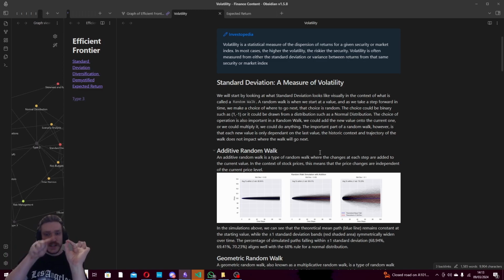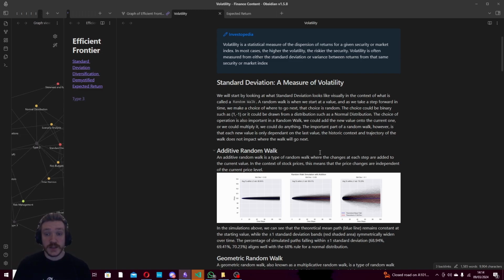Now, each time we take a step in time, we're going to do something to the start value to get our next value. We're either going to add a number or multiply by a number, and we'll just repeat that process again and again. So once we get to our new location, we repeat the process for the location after and the location after.